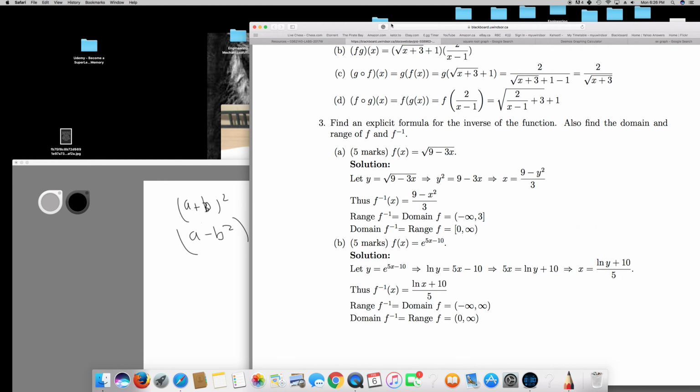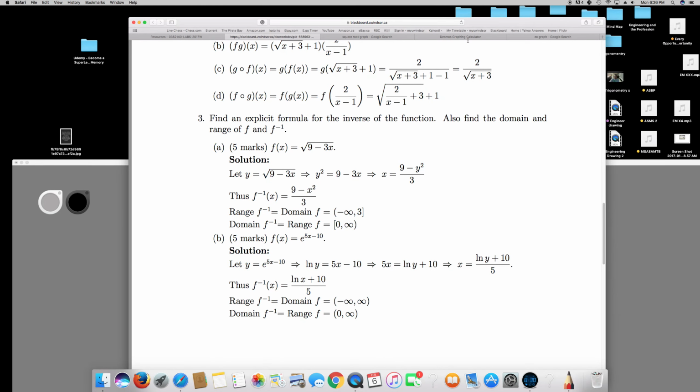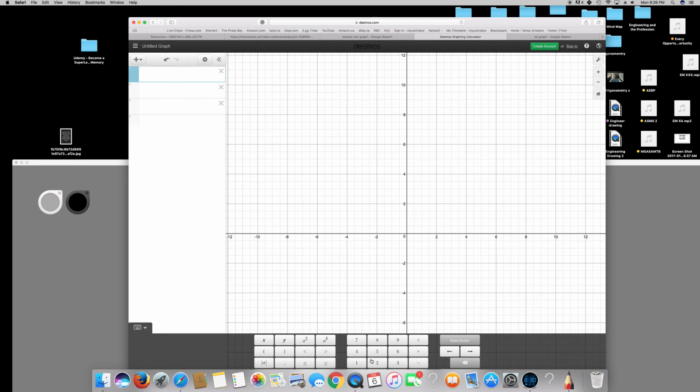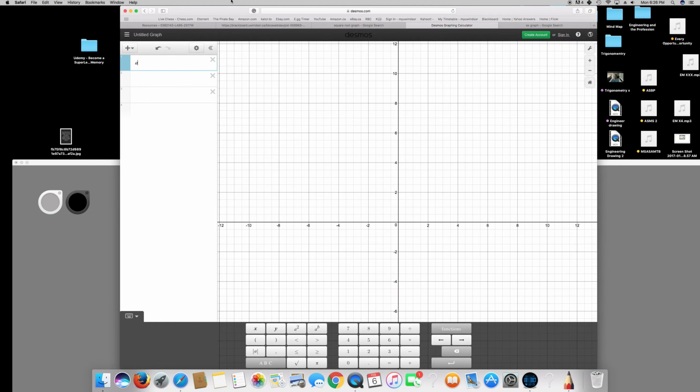So root of 9 minus 3x. Where's the square root? Okay, square root is right here.